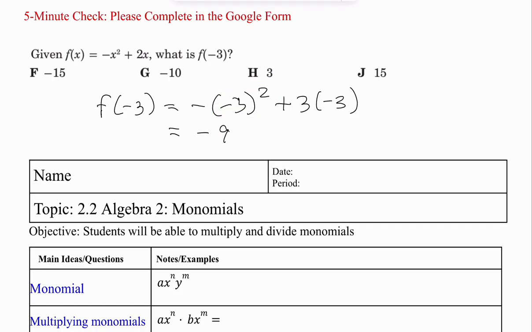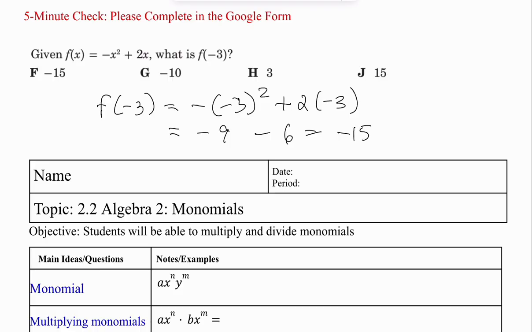That does not include the front negative symbol. So it's the opposite of -3 squared, so it's the opposite of 9, which is -9. Then we have that multiplication of 2 and -3, which gives us -6, for a total of -15.